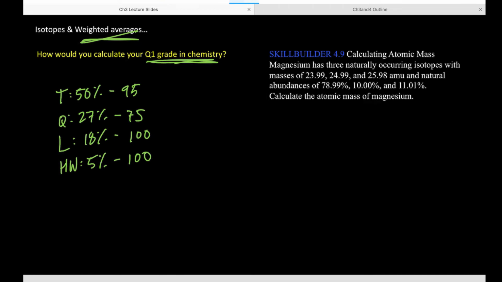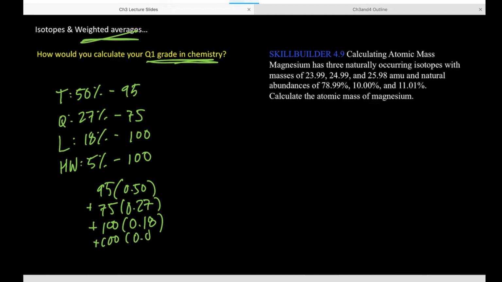Right, we always turn them into decimals, right? So we're going to take our 95 times 0.5 plus 75 times 0.27 plus 100 times 0.18 plus 100 times 0.05.